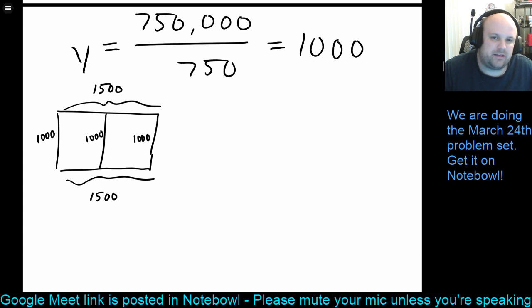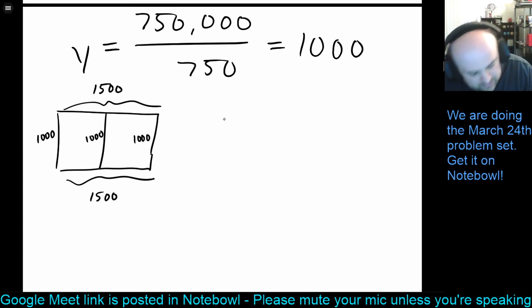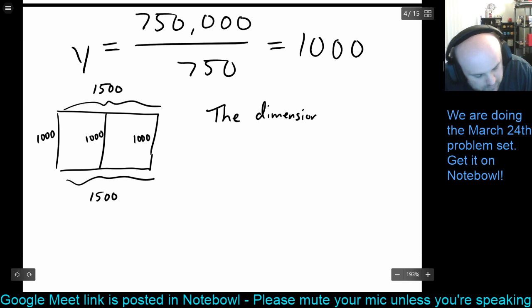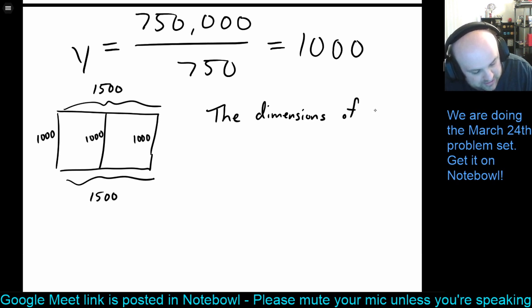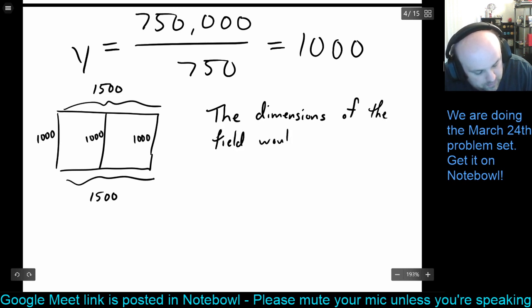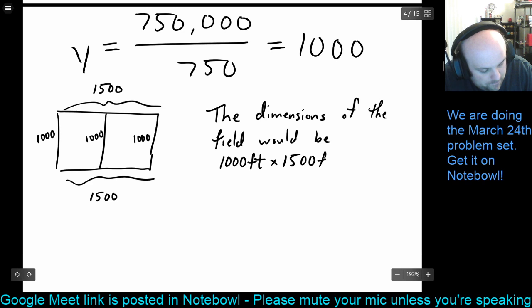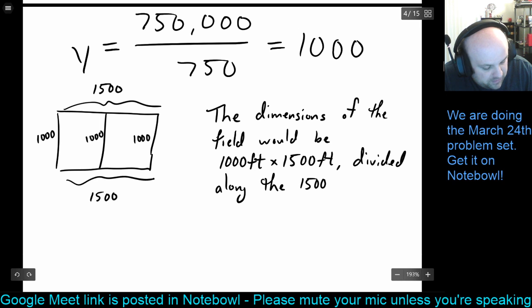So the phrasing we could use to answer this would be, the dimensions of the field would be 1,000 feet by 1,500 feet divided along the 1,500 foot side. Right?